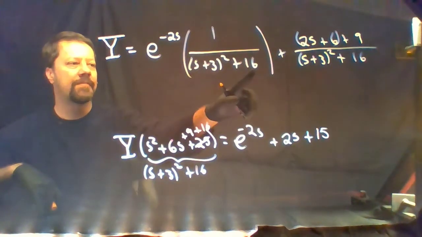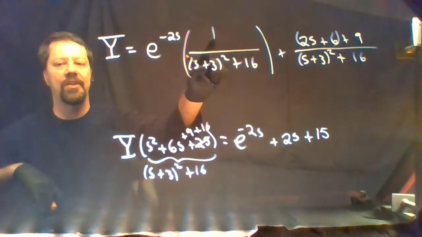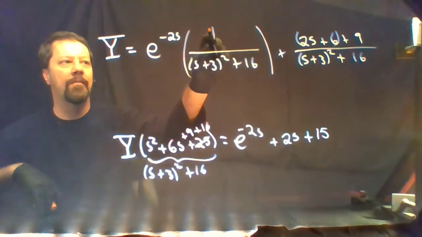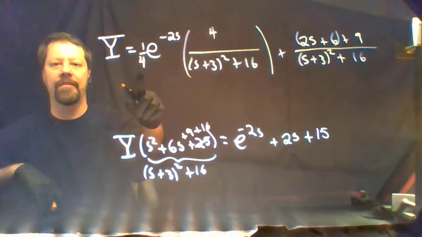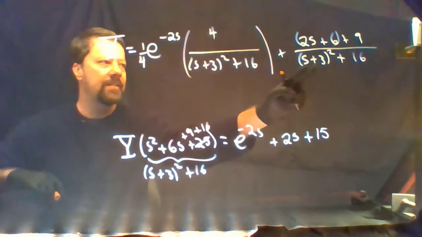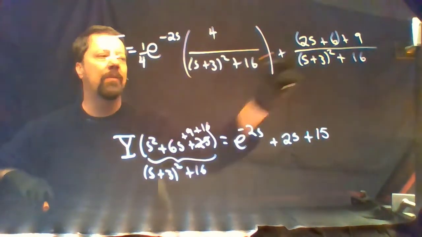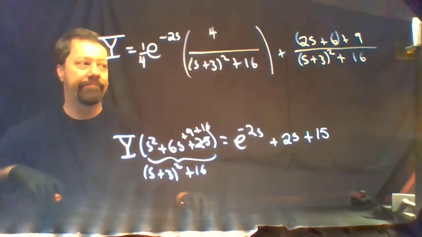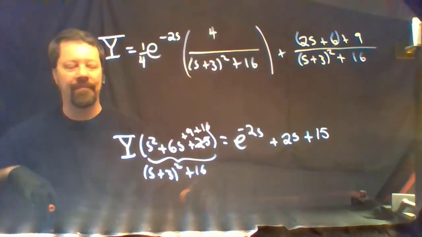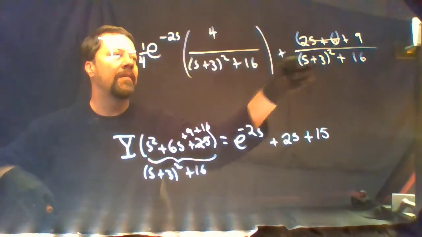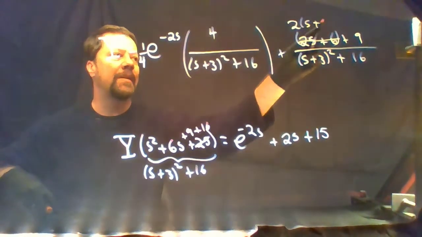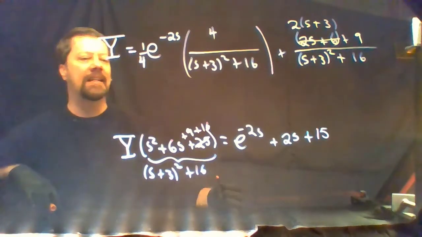First of all, since this is a 16, the numerator should be 4. I'll make it so and pay for it with a 1/4 in the front. Since we have s plus 3 here, we really want s plus 3, not 2s plus 15. The way it's been broken up here, this is going to be 2 times s plus 3, and then we'll have this 9 left over.